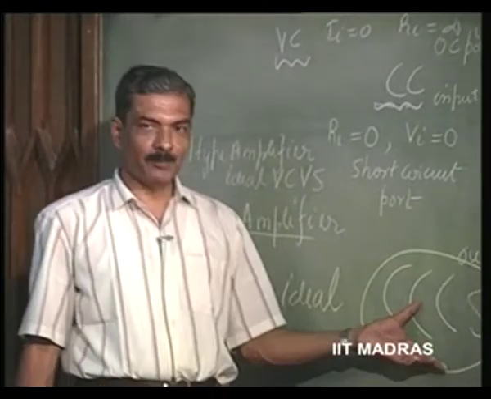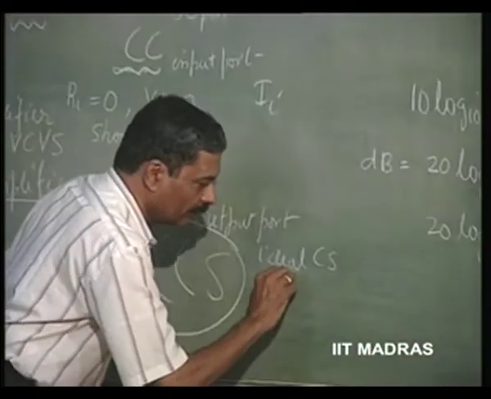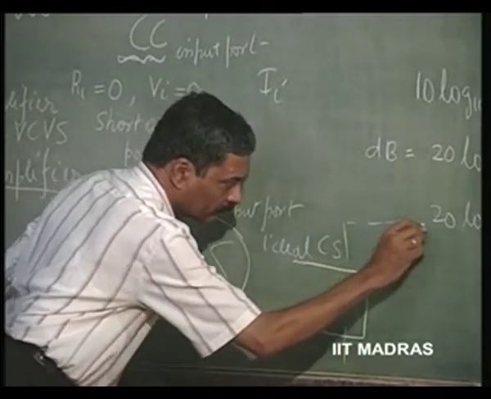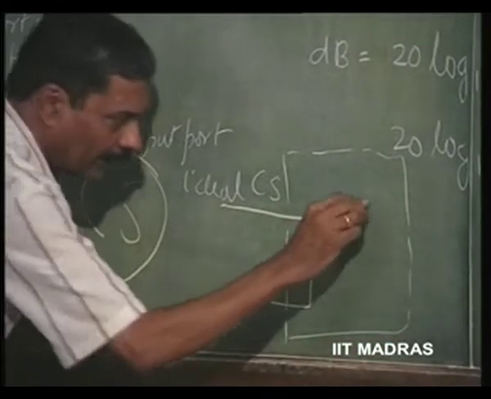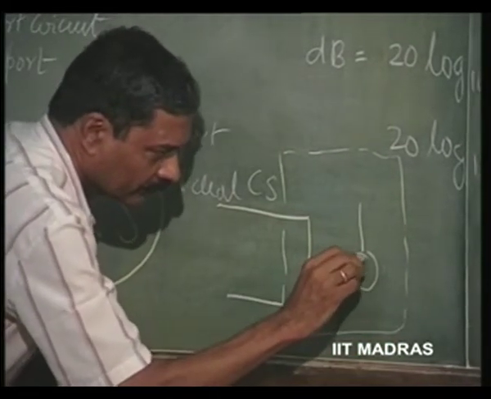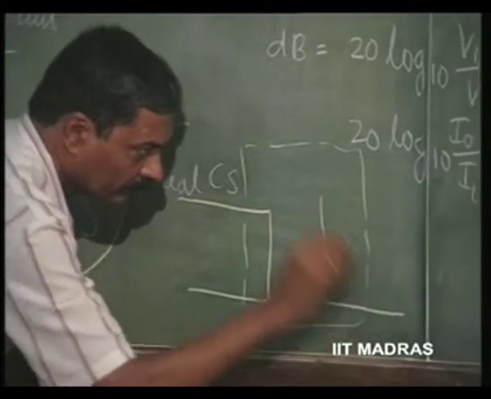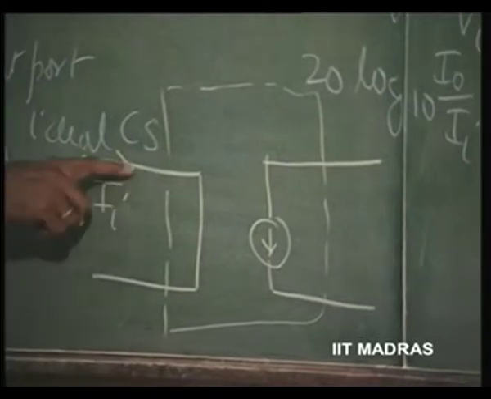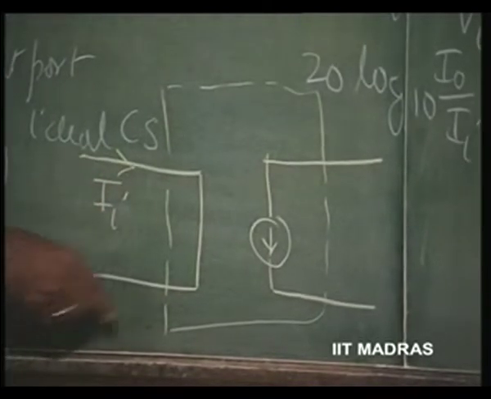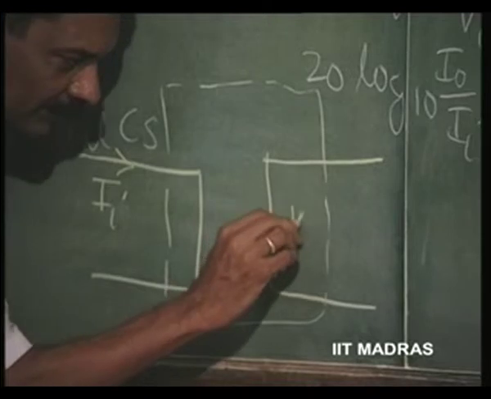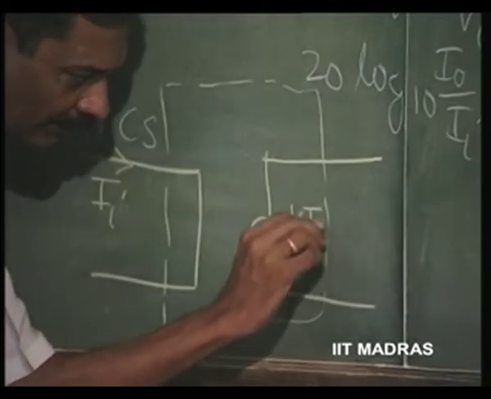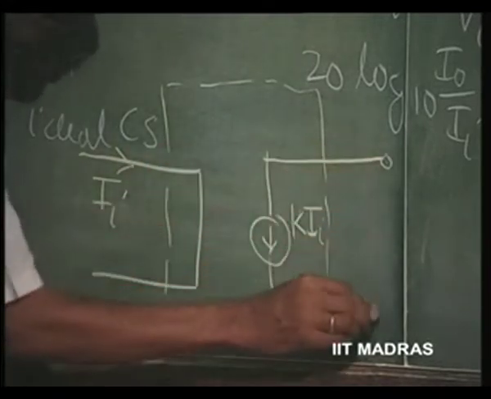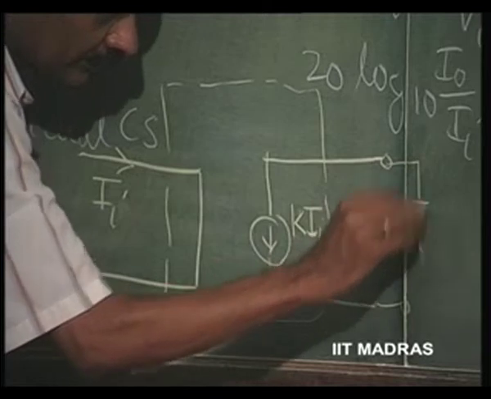So, how do we represent this? This will be a short at the input port, and a current source. So, if I is the input current, V I is 0, and output is going to be k times I. And this is the output port. This is connected to load.